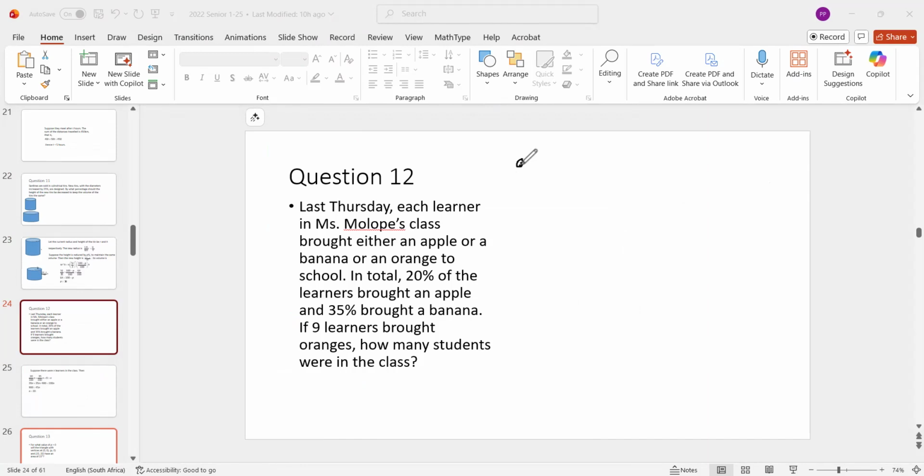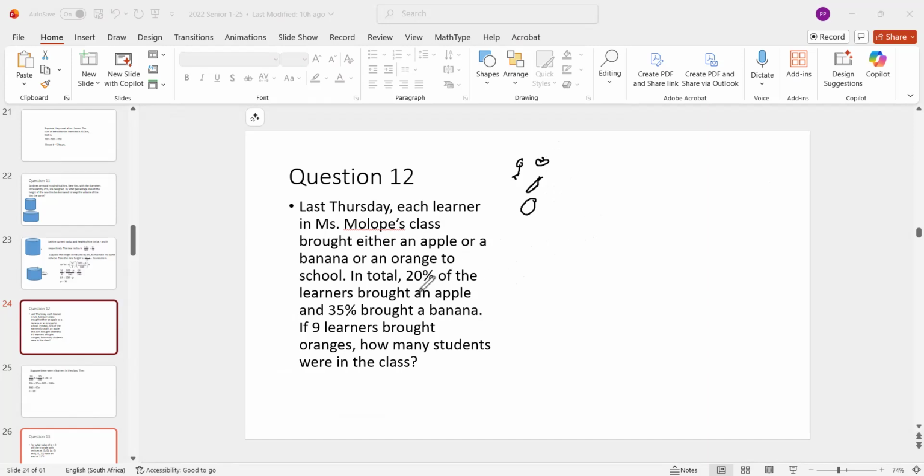So each learner brought an apple, or an orange, either an apple or a banana or an orange to school. So each learner brought any one of these three things.